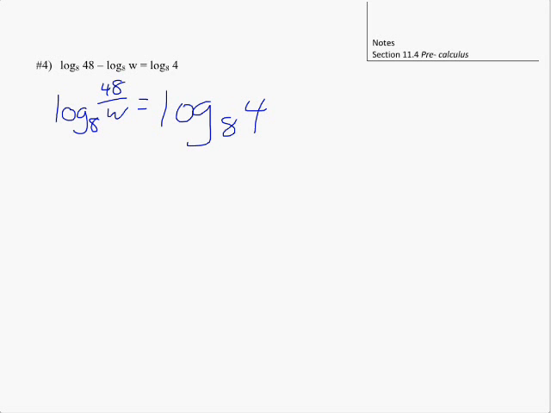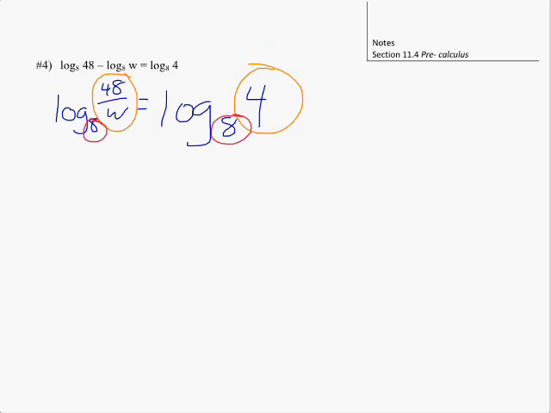Was that what your initial question was? I knew that's what your question was. Please note, I did a terrible job of writing this. I want to make sure that we're all on the same page of what these numbers are. The 48 divided by w is regular size. 4 is regular size. The little 8s here are supposed to be subscript. You all with me? Yes, sir.